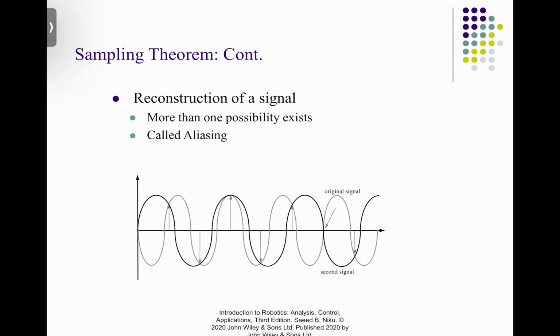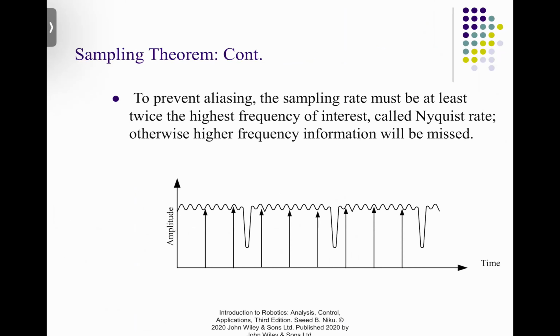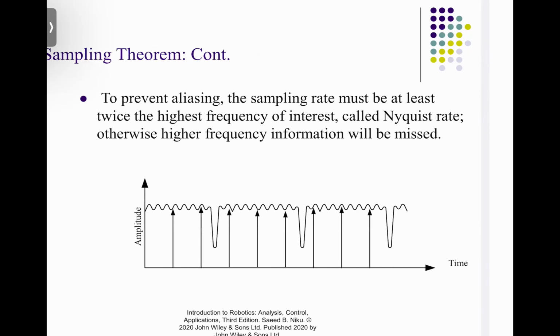You have this signal, you sample it, and then you plot the sampled signal and realize that it does not look like the original signal. That is the effect of aliasing. So the idea here is, you look at the signal frequency, and your sampling should be at least more than twice the original signal frequency. Everyone understood this?